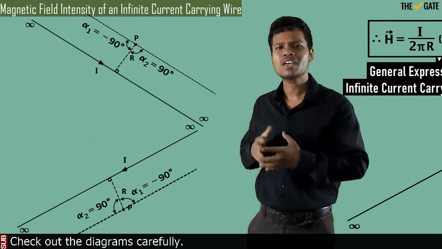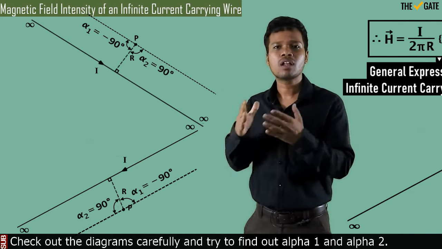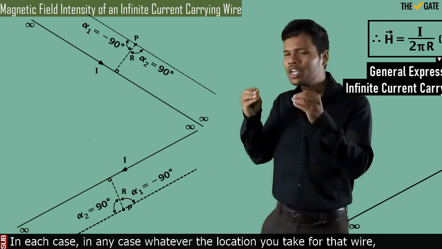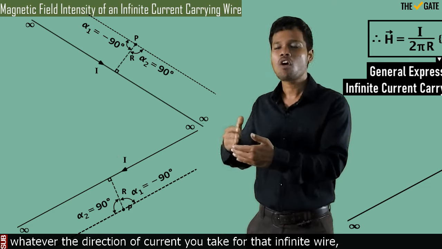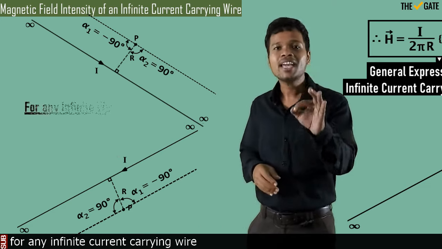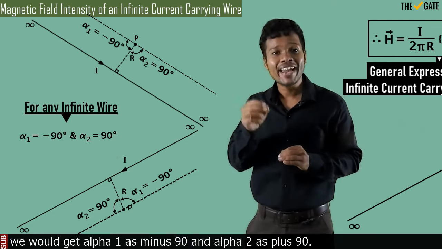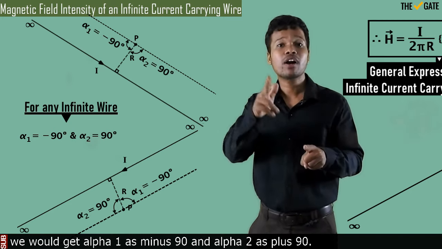Check out the diagrams carefully and try to find out alpha 1 and alpha 2 in each case. Whatever the location you take for that wire, whatever the direction of current, for any infinite current carrying wire, we would get alpha 1 as minus 90 and alpha 2 as plus 90.